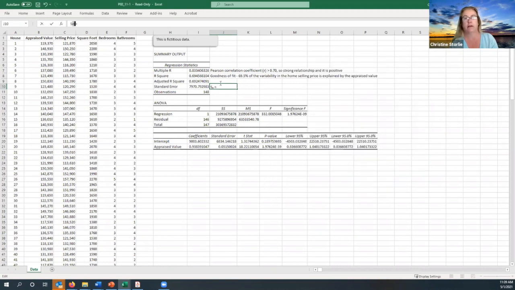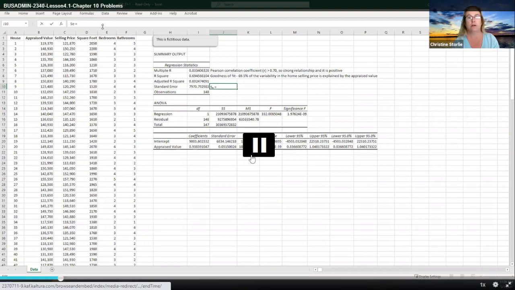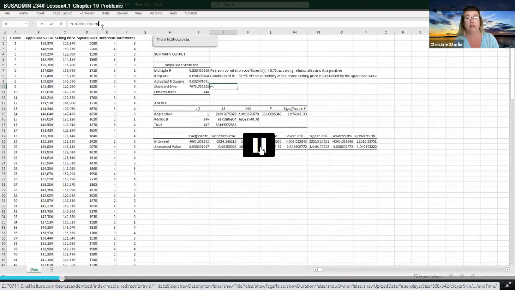But again, I need you to understand what SE is since the book keeps referring to it. So since SE is equal to 7970, that means that the standard error.